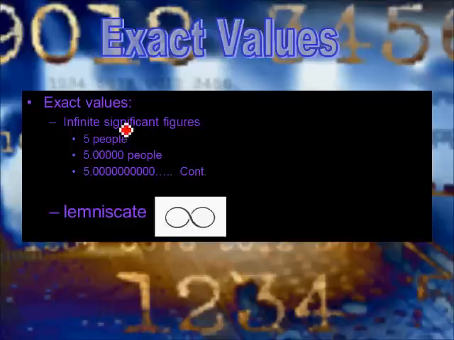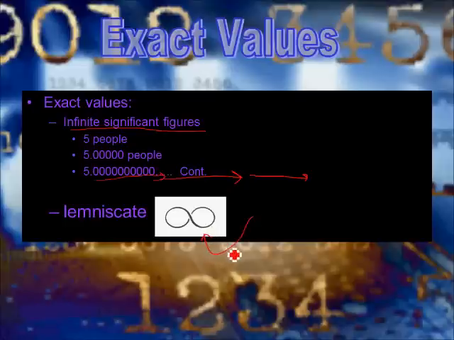Again, an exact value has infinite significant digits. 5 people, that's fine. 5.0000, sure, still good. 5 people could be estimated as, I mean, this line can continue on and on, and it still would be exact to 5 people. It's exact. Because your 0 continues on, your accuracy continues on forever, we call it infinite significant digits for an exact value. And we use this thing right here to describe it.